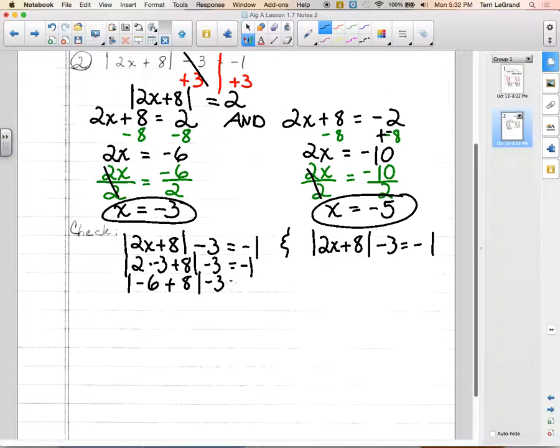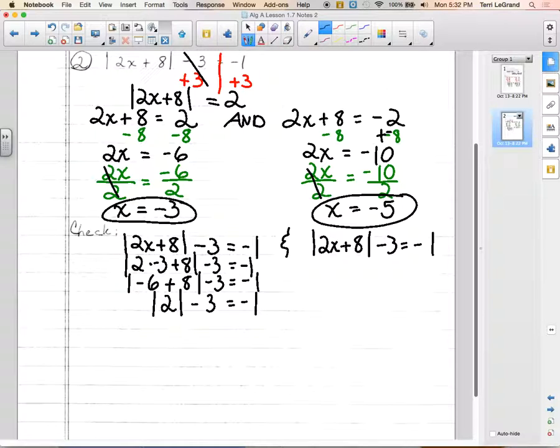Notice nothing else changes. We just did that multiplication. Then next we're going to add that negative 6 and that 8 together. We'll have positive 2 inside absolute value bars.